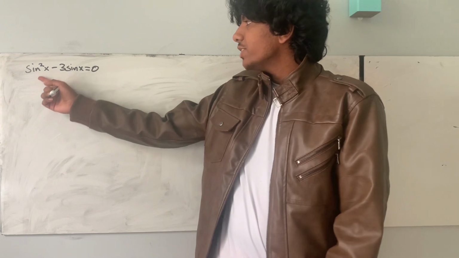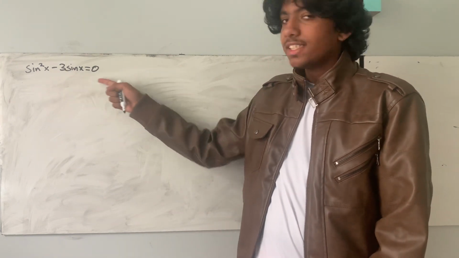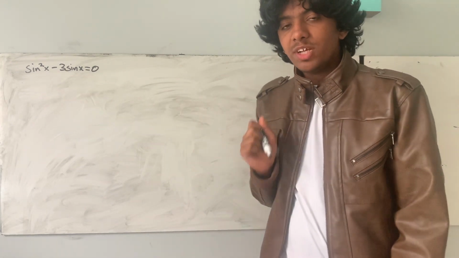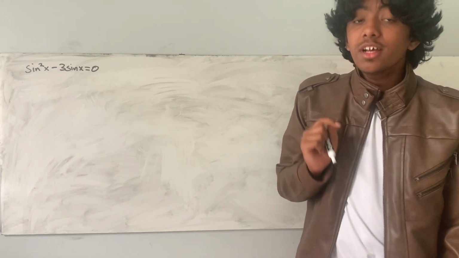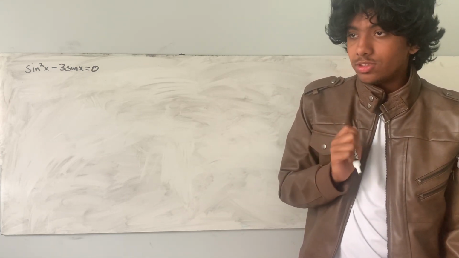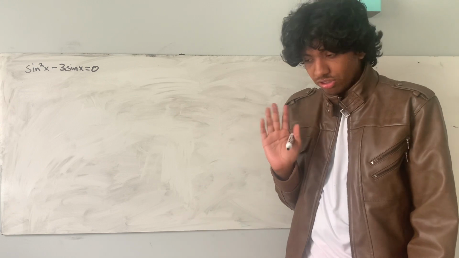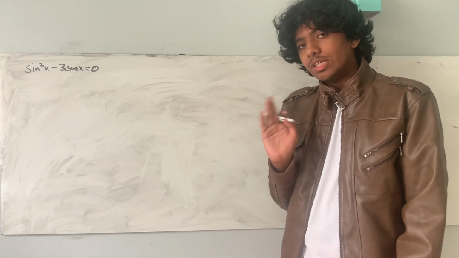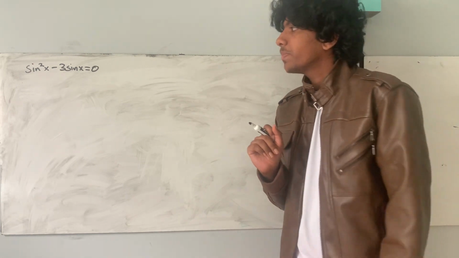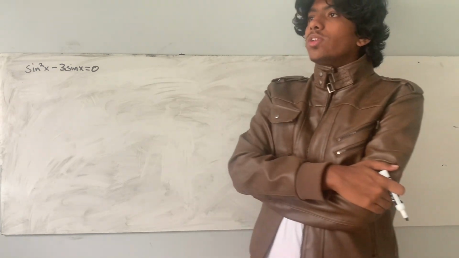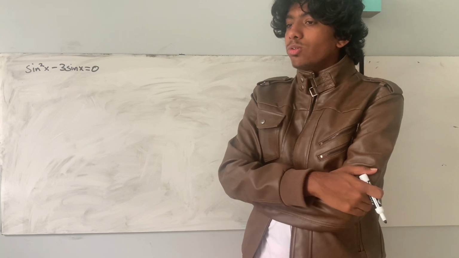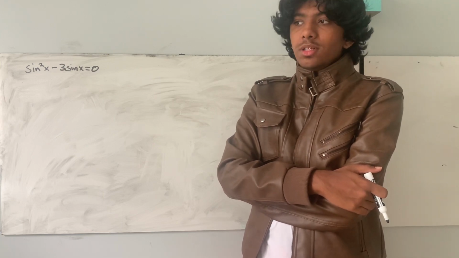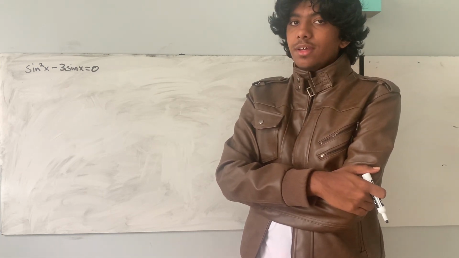We have sine squared x minus 3 sine x equals 0. This is a standard algebraic expression, but we have a sine in there. Luckily, there's no cosines or tangents, no other trigonometric functions. We only have a sine, which means we don't need to use any identities. We can just start solving. And since you only have sine, one thing you can do is you can change a variable and solve it in terms of sine.